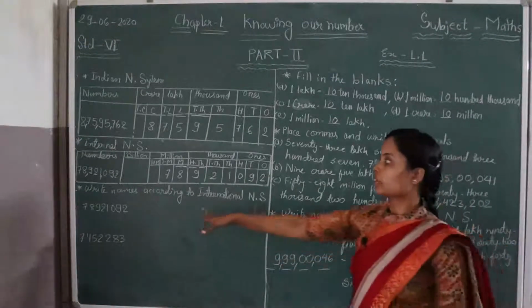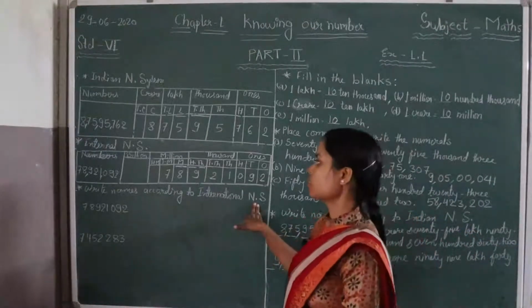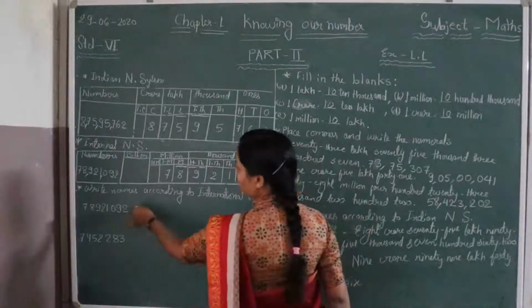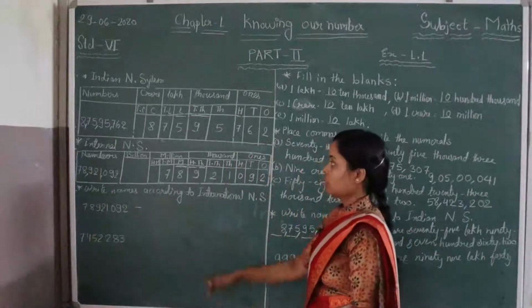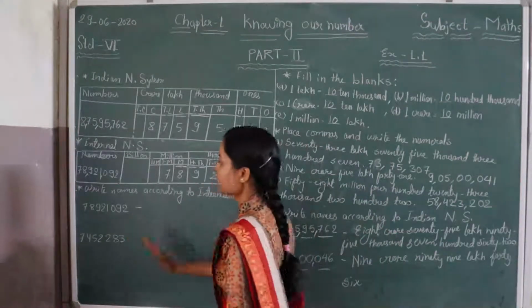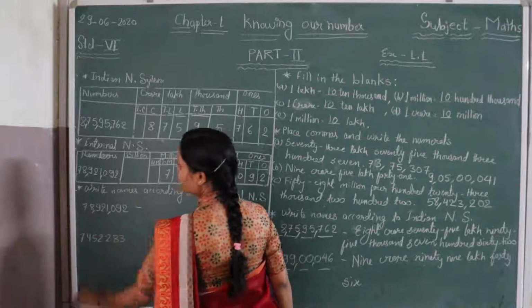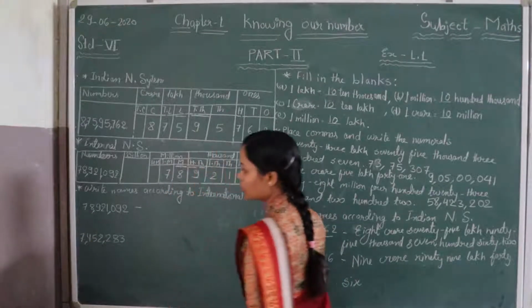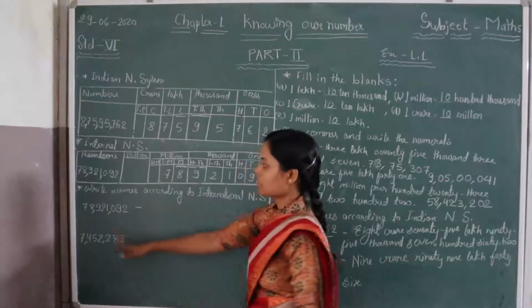Okay, then come to the international number system and we want to write its number name. Firstly we place the commas here. In the international number system we place the comma from the right hand side taking every 3 digits. Here also. Okay, so we try to write this.